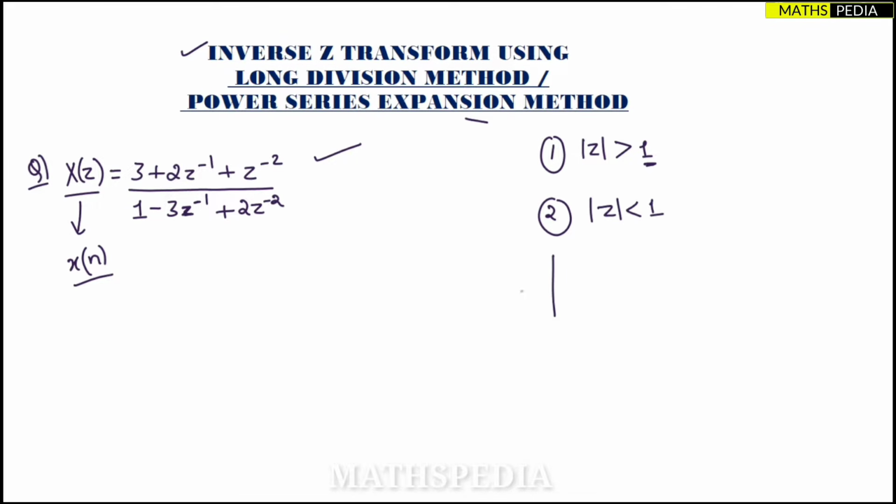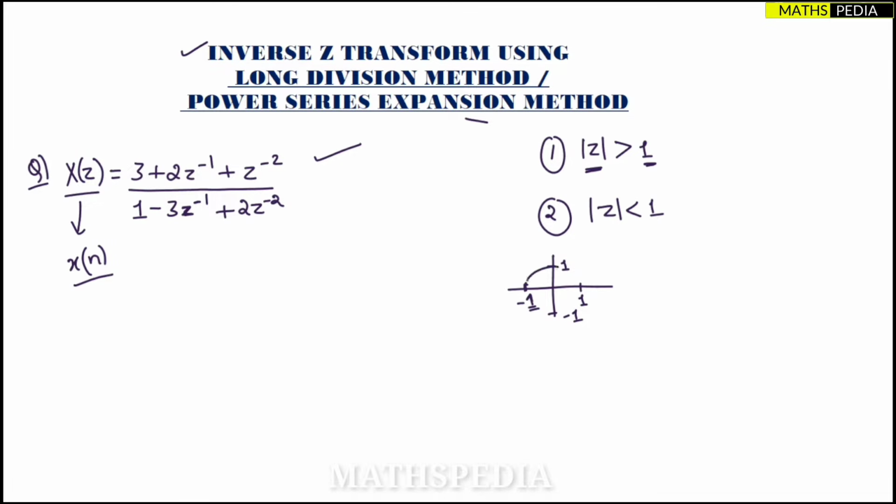Mod z greater than 1 means, if I consider the z plane, here 1 is there, here minus 1 is there, here also 1 is there, here minus 1 is there. Since it is the modulus function, if it is negative it will become positive, so minus 1 means it is plus 1 only.